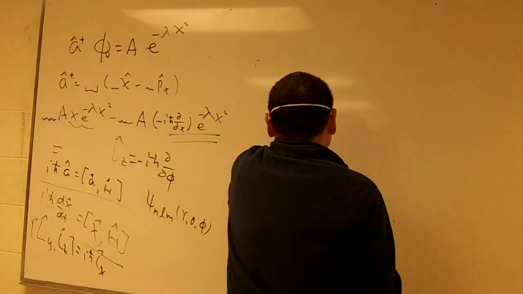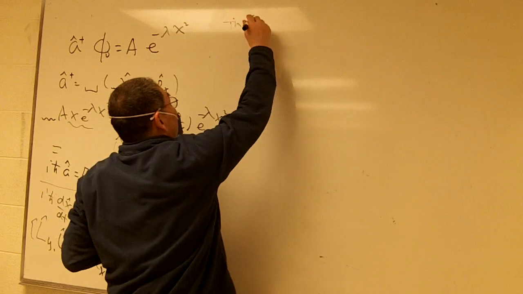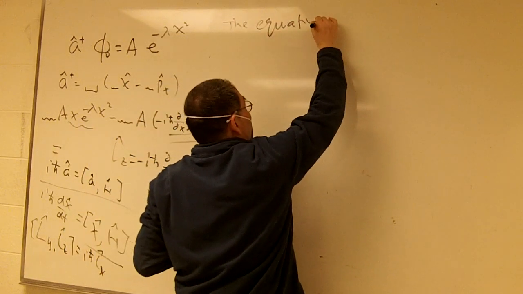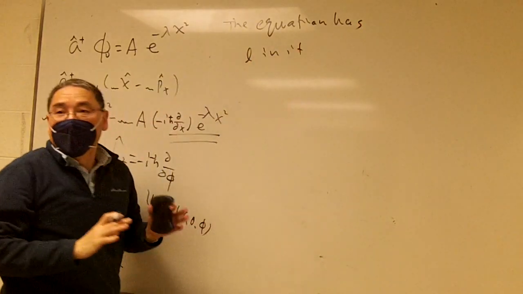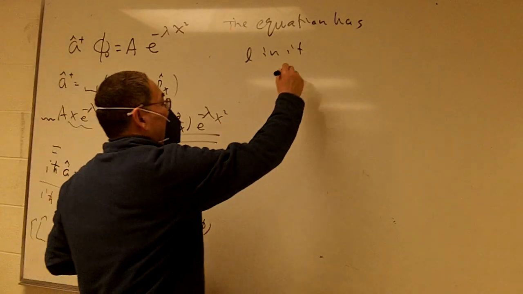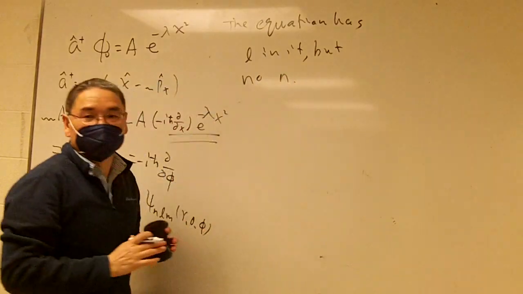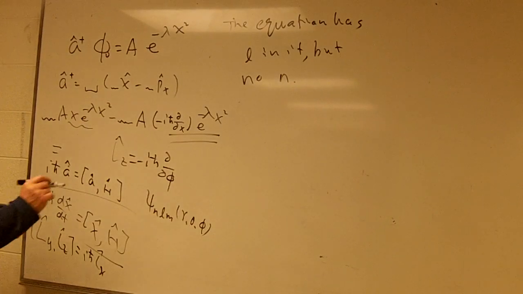The Schrödinger equation, I'm going to write that down, has l in it. The Schrödinger equation has l in it, but no n. The Schrödinger equation has no n, but it has l in it.